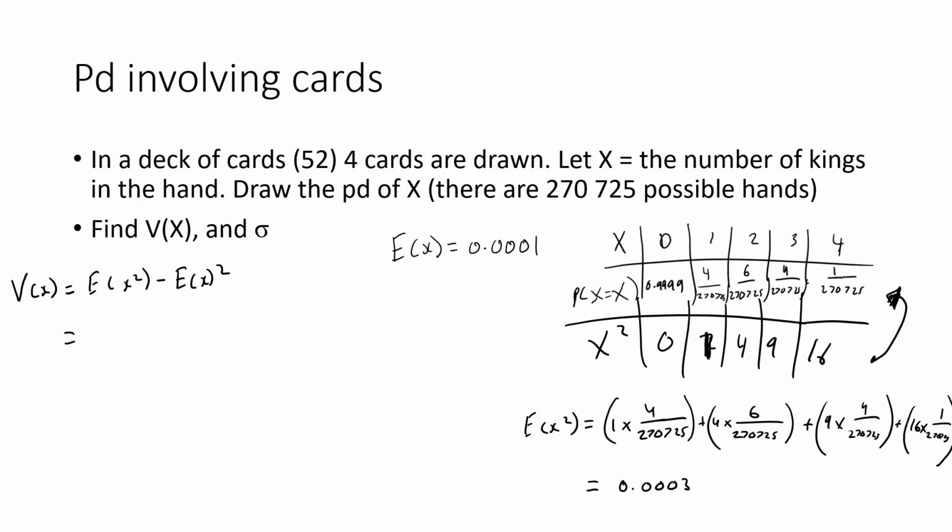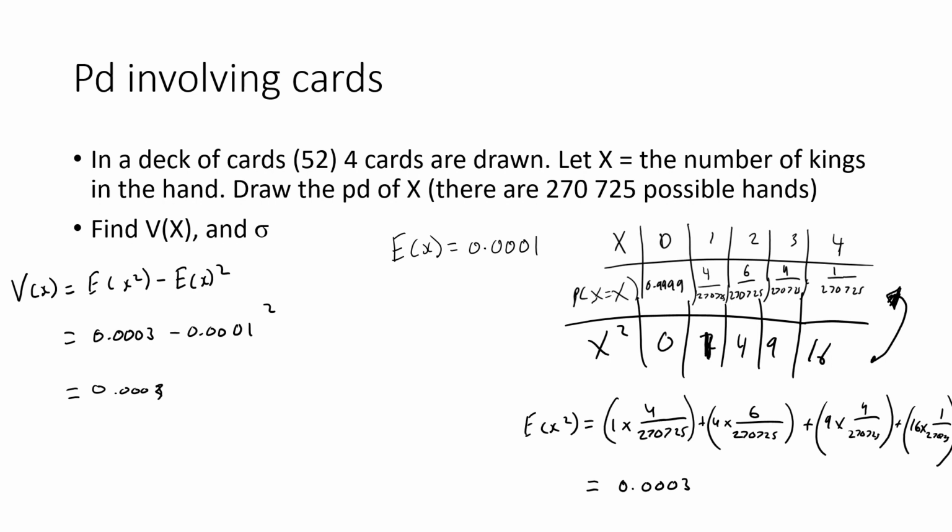So now we do 0.0003 minus 0.0001 squared, and that gives us, if we round it to the fourth decimal place, 0.0003. The negative number is so insignificant it doesn't change much at the fourth decimal place.